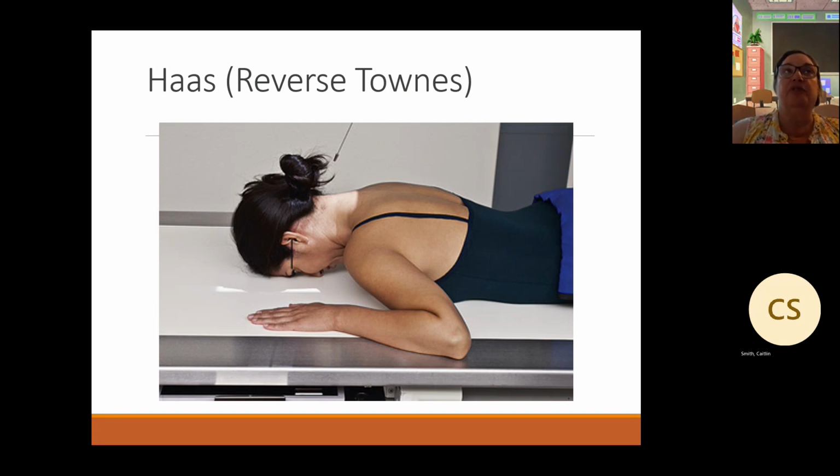Now, the reverse of the Townes is called the Haas projection, and that's done PA instead of AP. And with the Haas, it's the same thing. Orbital meatal line, forehead down, nose tucked, get that orbital meatal line perpendicular. Angle the central ray 25 degrees so that it exits just above the nasion.